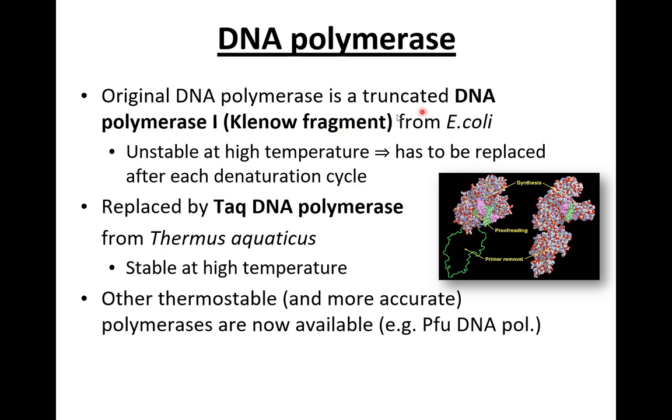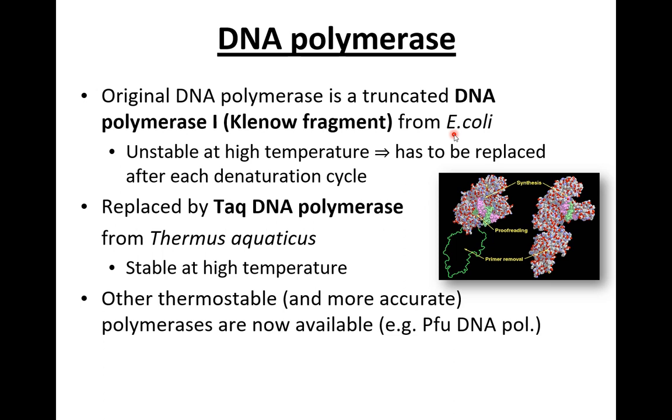The problem with this DNA polymerase, though, is that being isolated from bacteria like E. coli, it's very sensitive to high temperature. It works well at 37 degrees, but if the temperature goes to 95, as you have in any denaturation step, not only that, but also all the other steps, annealing and elongation, are done at high temperature, this protein denatures at every cycle.